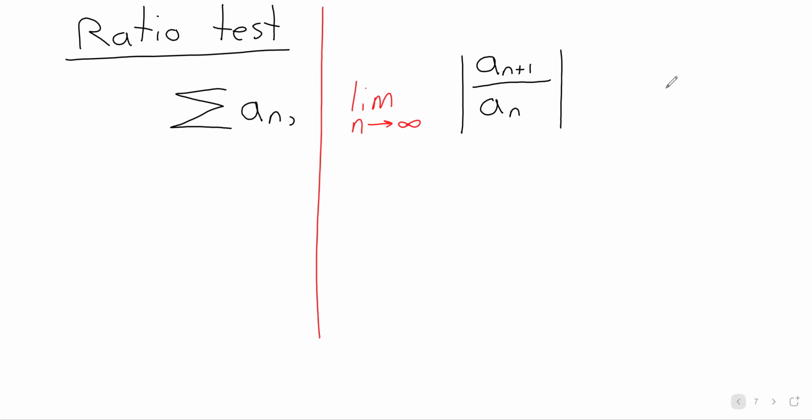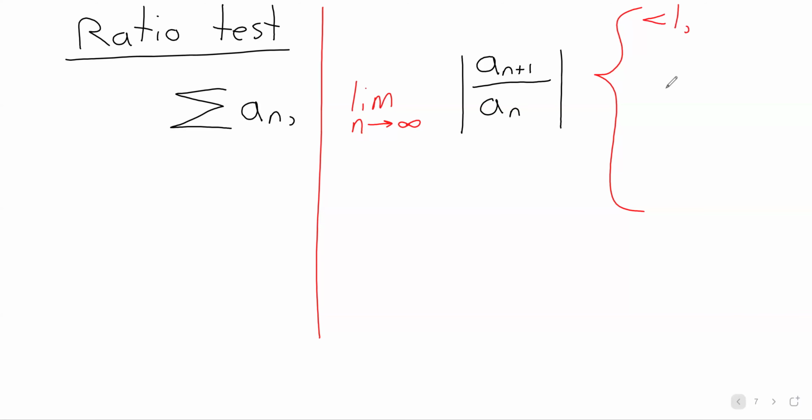What's a sub n plus 1 over a sub n? It depends, but you can look at the limit as n goes to infinity. And we don't actually have to be super small. The cutoff here is 1.